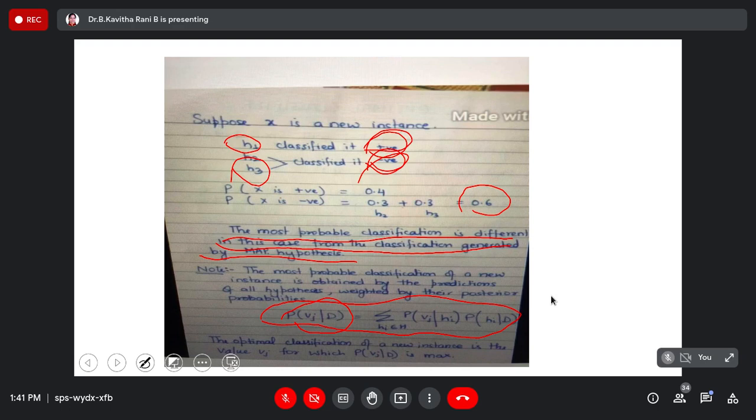So that is our tip. So this is the formula: the optimal classification of a new instance is the value Vj for which P(Vj|D) is maximum.